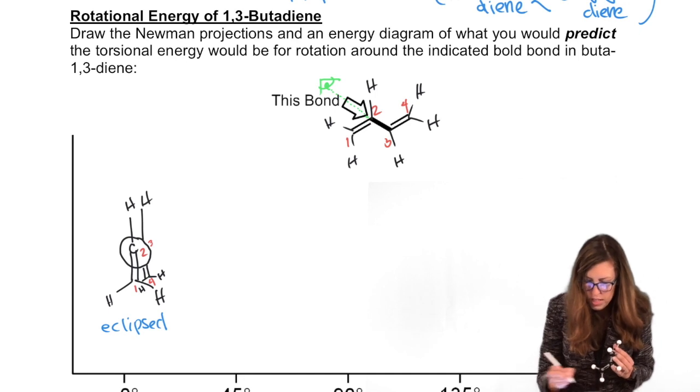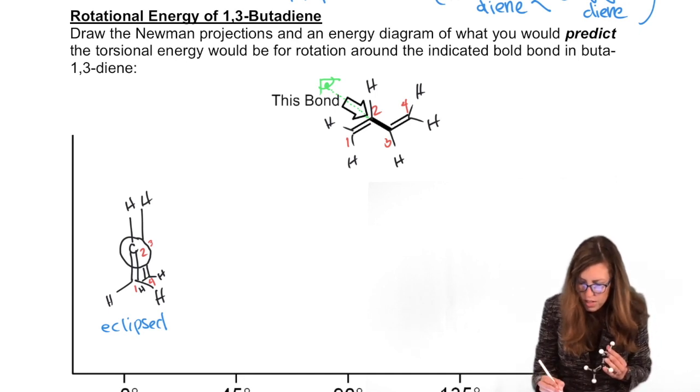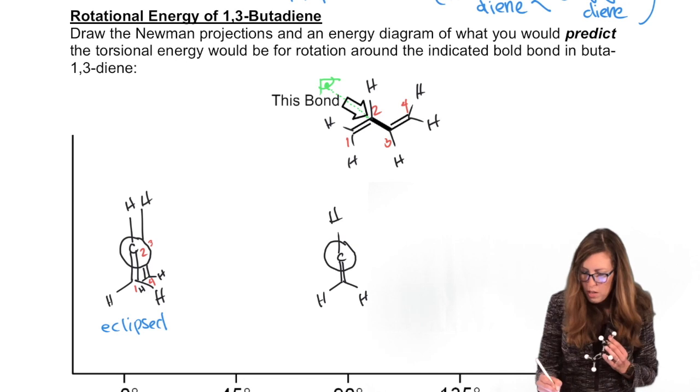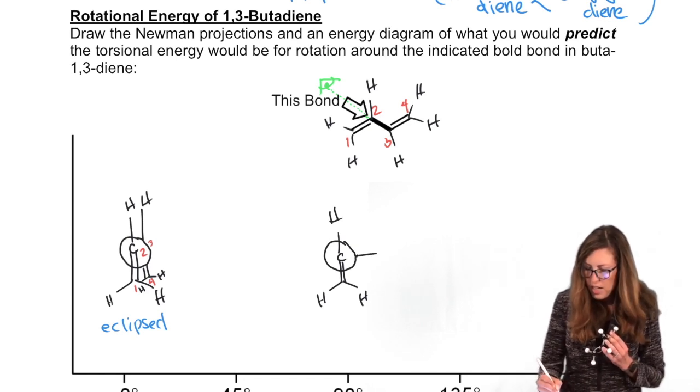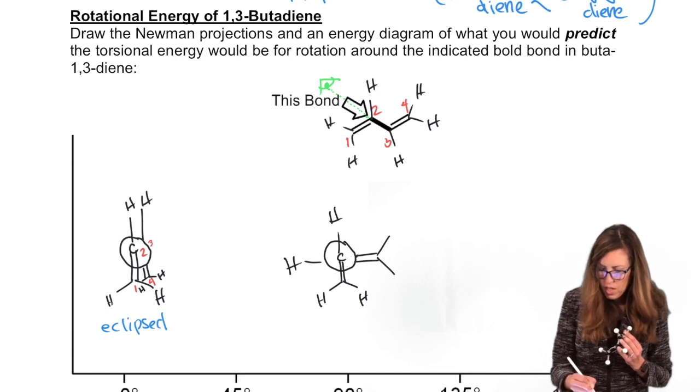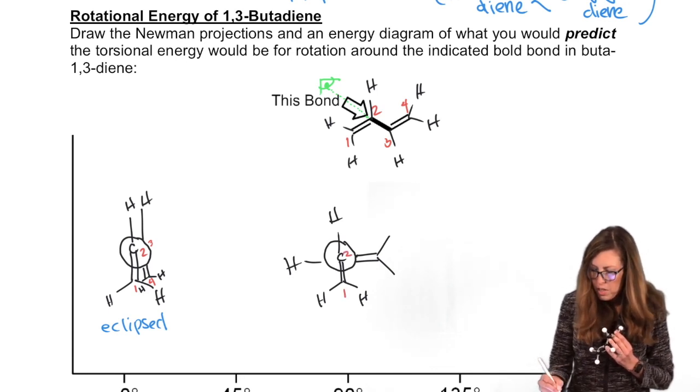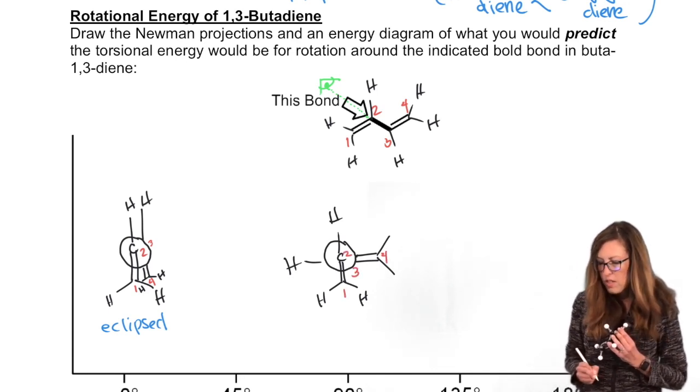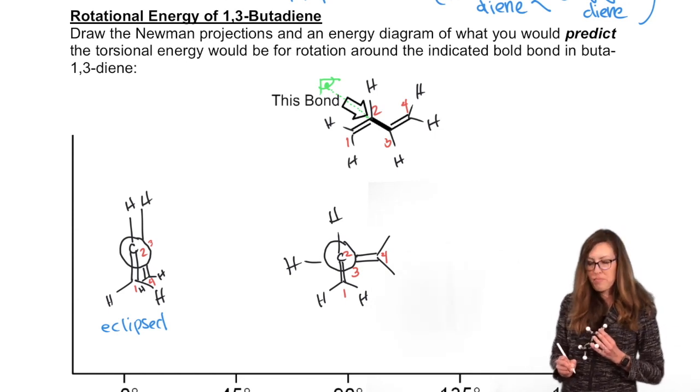I'll skip to 90 because I'm just going to sketch a rough plot for this purpose. I'm keeping the front the same, but I am rotating it so that they're staggered 90 degrees to each other. And just to keep track, I'll keep the numbering up. 1, 2, 3, 4. All right, so there's 90.